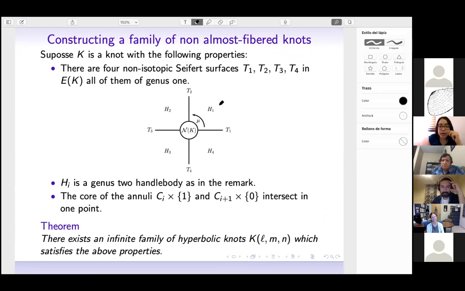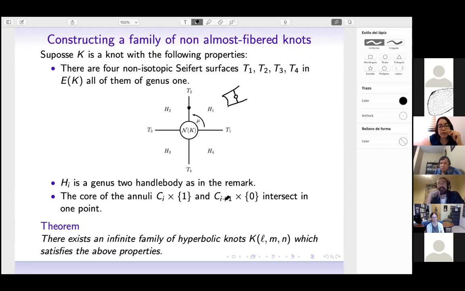So that means that if each of these regions has the composition as I mentioned before, remember that here we have an annulus which represents a closed essential curve in the Seifert surface.